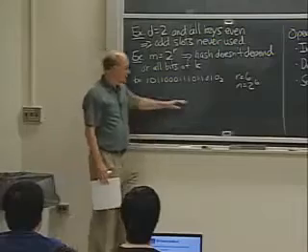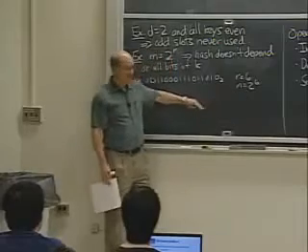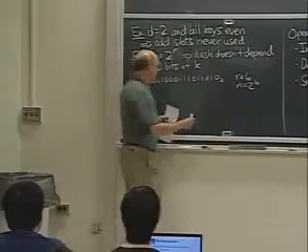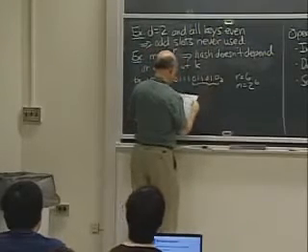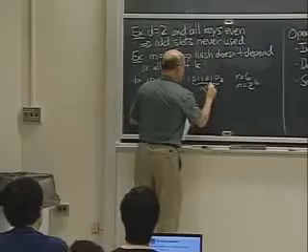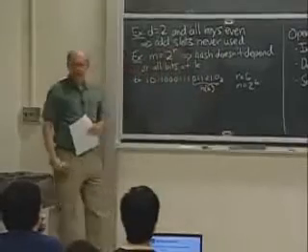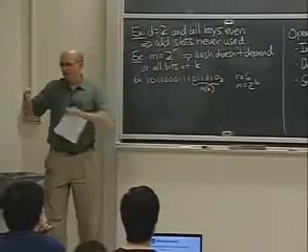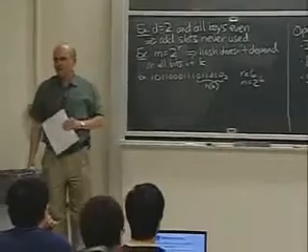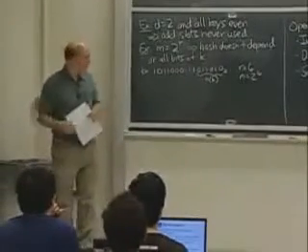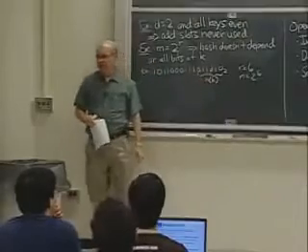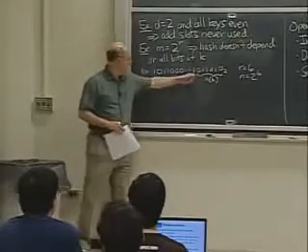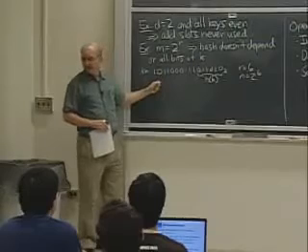What is it mod 2 to the 6th? It's just these last 6 bits. This is h of k. When you take something mod a power of 2, all you're doing is taking its lower order bits. Mod 2 to the r, you're taking its r lower order bits. So the hash function doesn't even depend on what's up here.